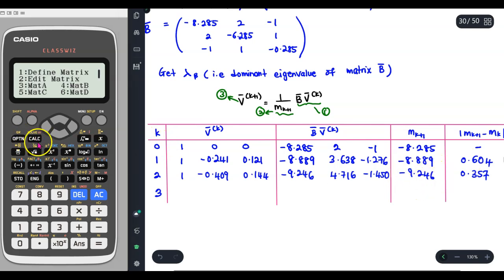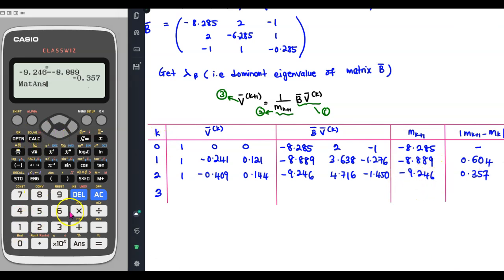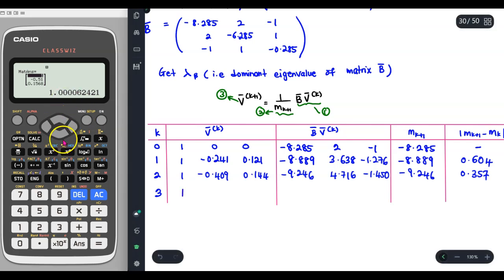So call back your math answer, divide with negative 9.246. So you have your VK, k equals 3. So 1, then you have negative 0.510 and then 0.157.